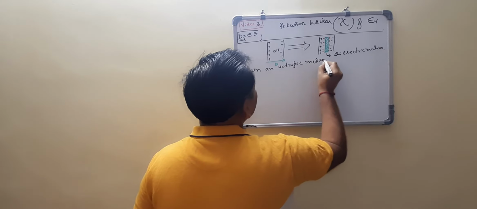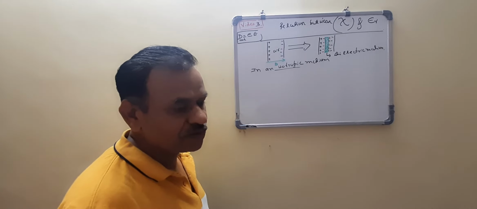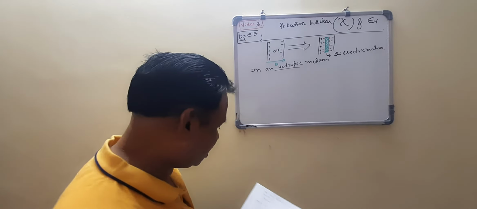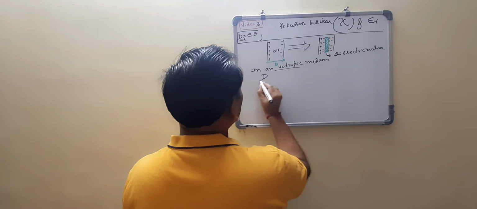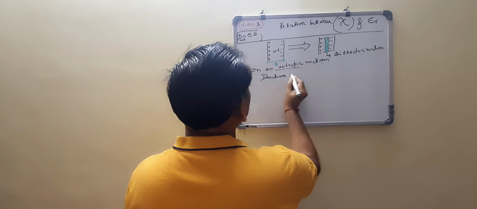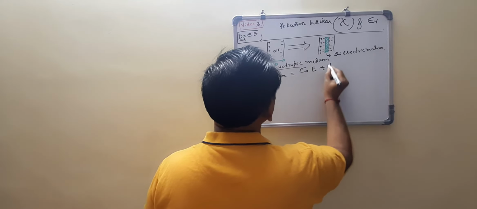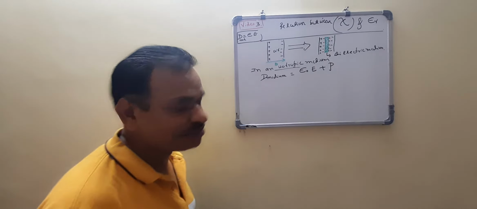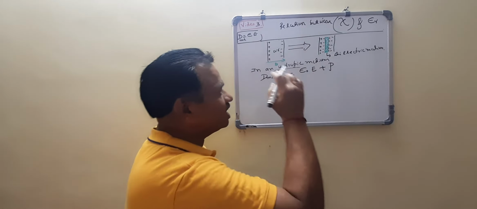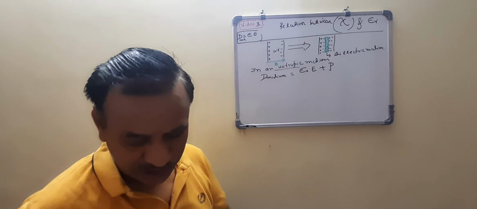The term isotropic means uniform material, only one kind of material, uniform throughout. D of medium equals epsilon naught into E plus P, where P is the polarization. This arises because of induced charges.